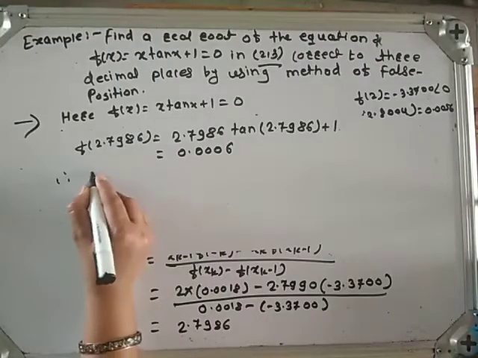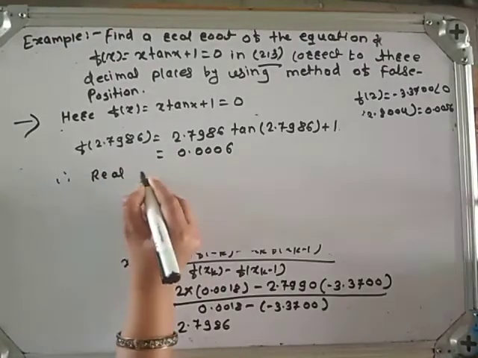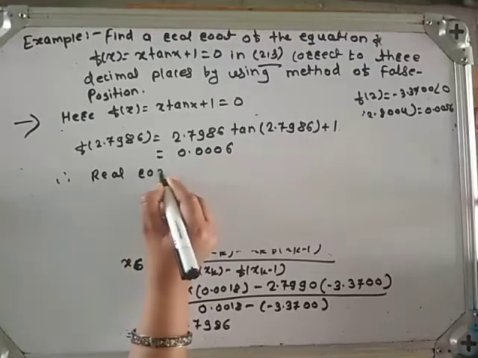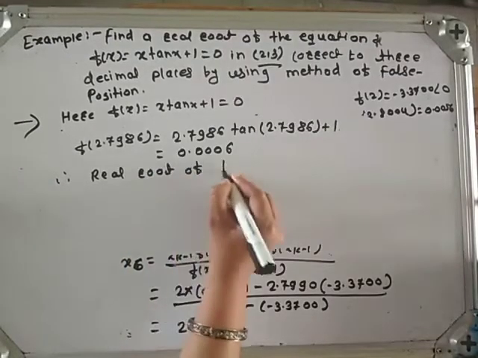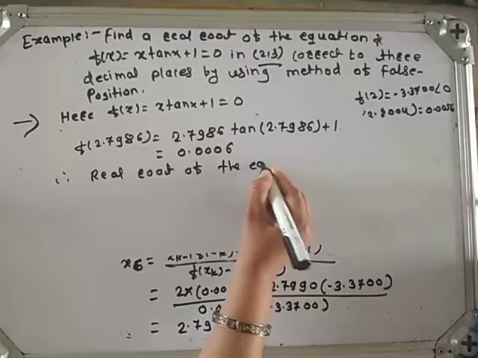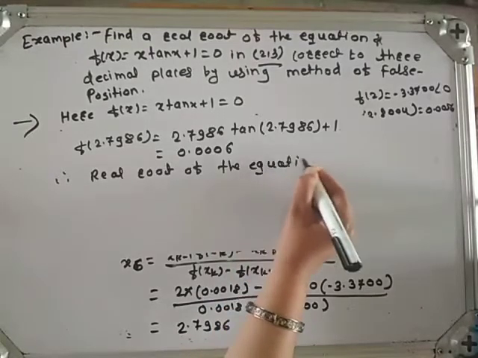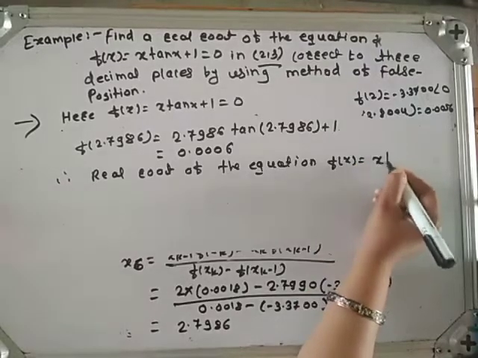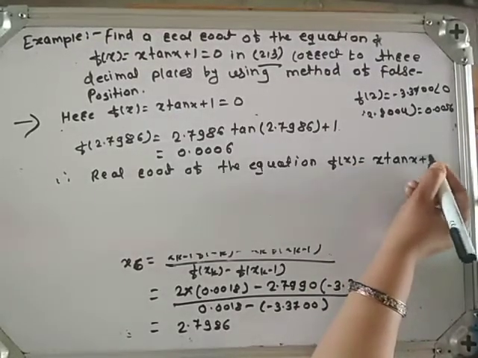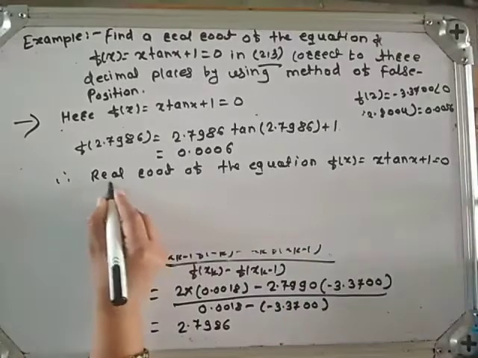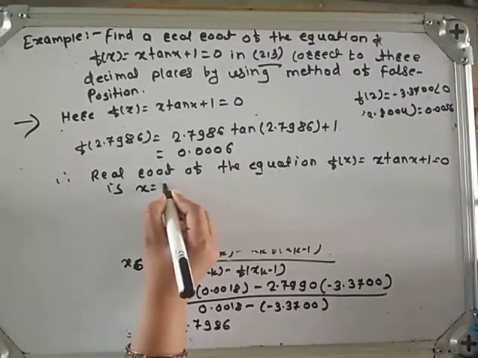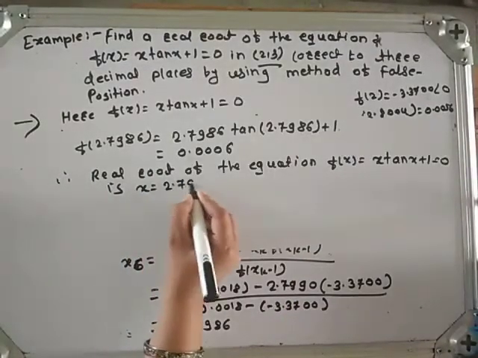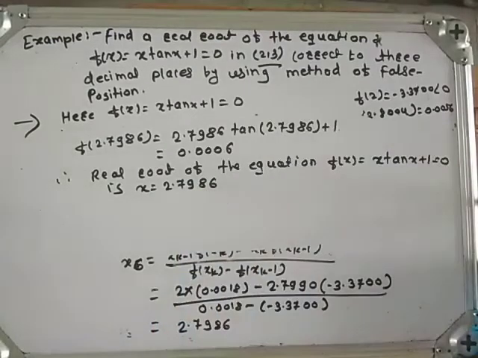Therefore, the real root of the equation f of x is equal to x into tan x plus 1 is equal to 0 is x equal to 2.7986.